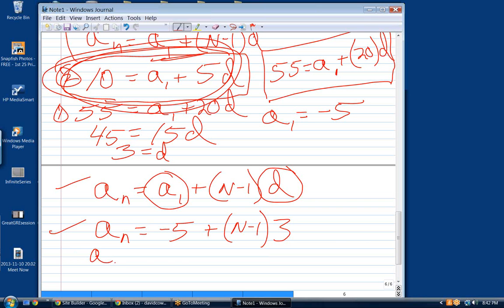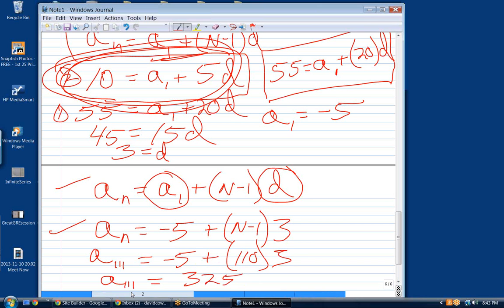So A sub 111 would be equal to minus 5 plus 110 times 3. Well, that's 330 minus 5, that's 325. So that is the 111th term in that sequence that begins minus 5, minus 2, plus 1, 4.